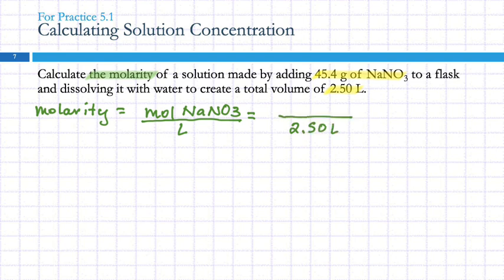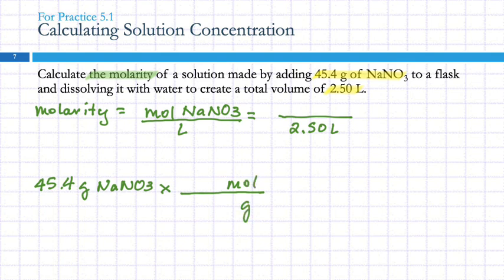But they gave us the mass of the solute, which is typical. Can we convert grams to moles? Sure we can. So what we want to do is take our 45.4 grams of sodium nitrate, and we want to convert this to moles.